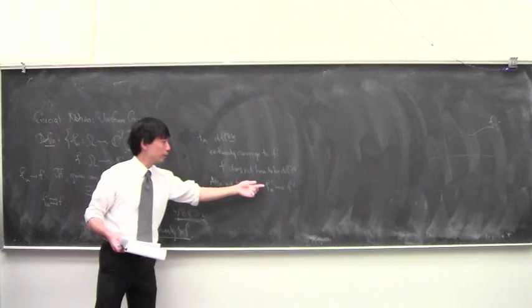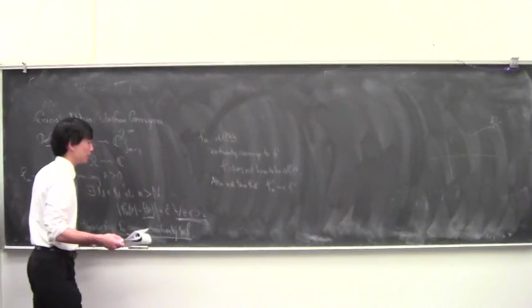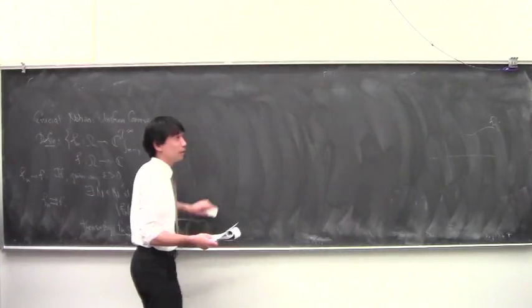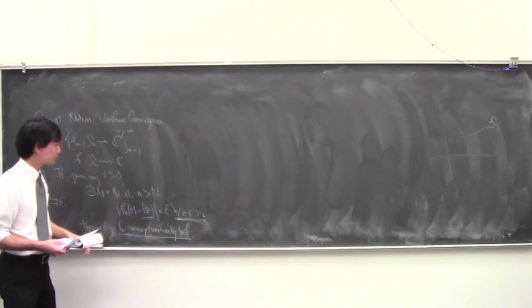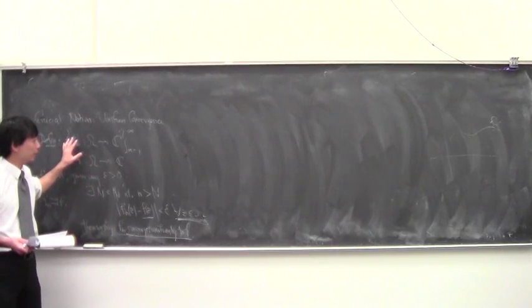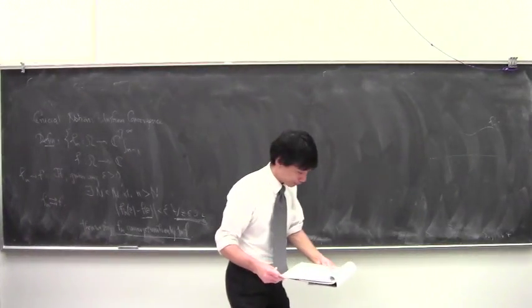Further, the derivatives will converge to the derivative. So it's much better. That's the theorem of Weierstrass, which we'll see next time. So uniform convergence will be really important for us.